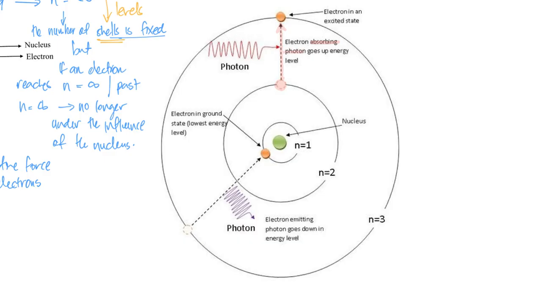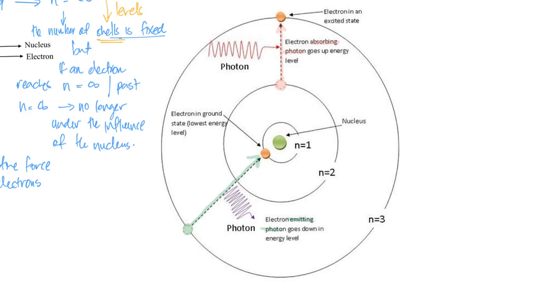That's how it gets there. It goes from the ground state up. If it's in an excited state and it moves down to the ground state, then it's going to emit a photon.